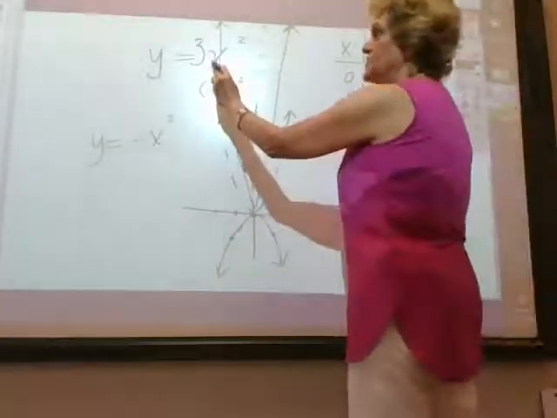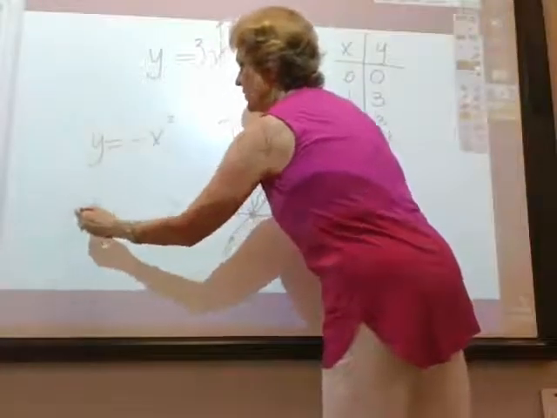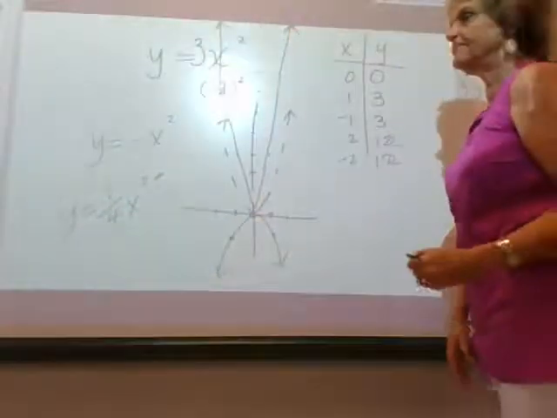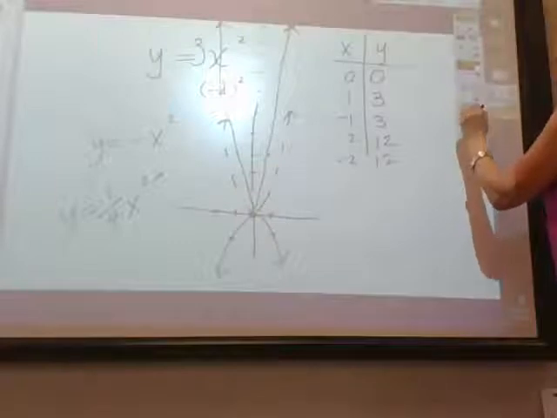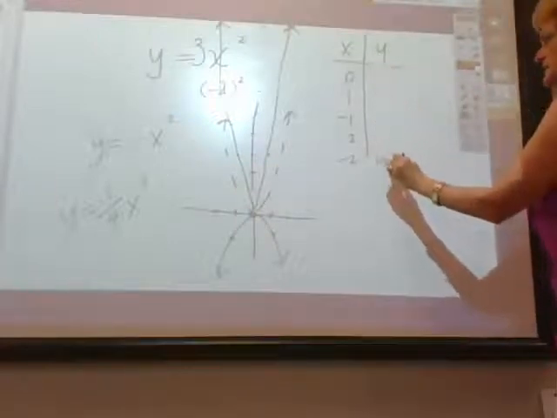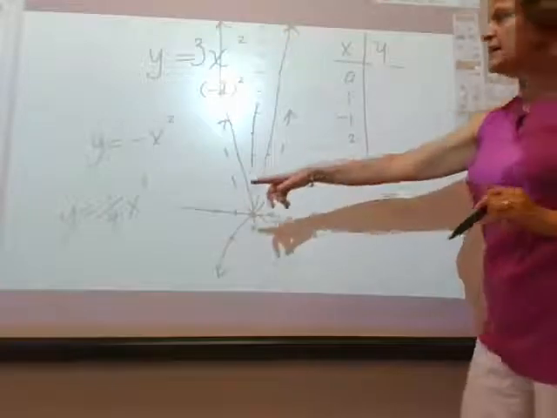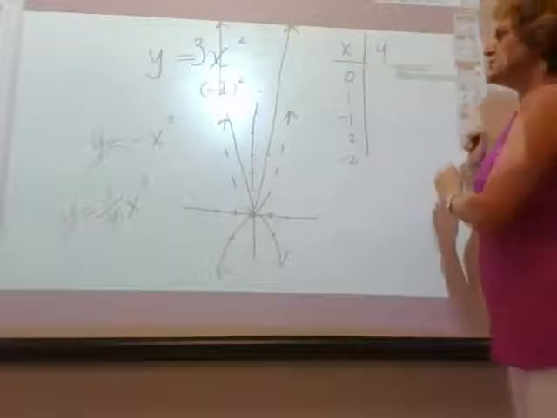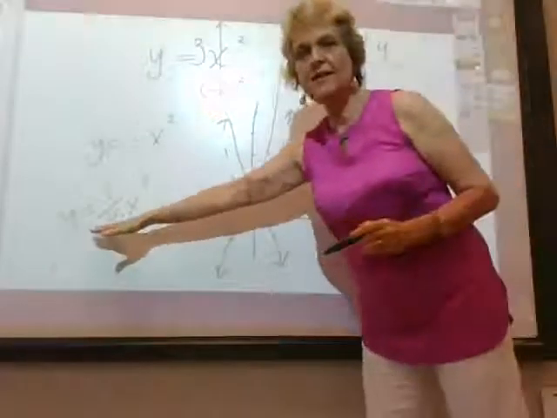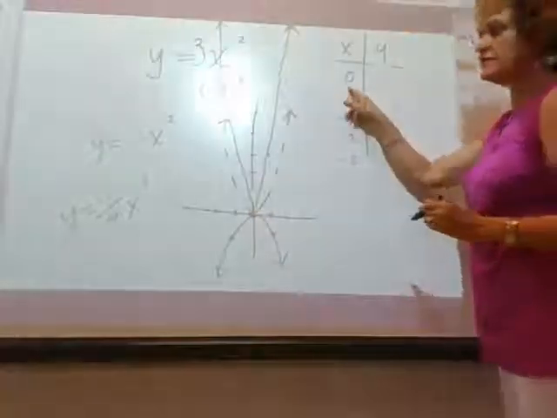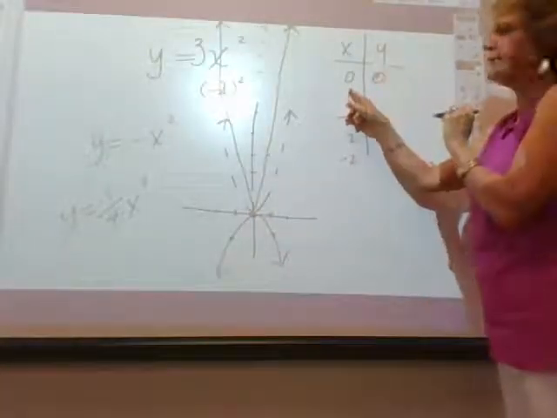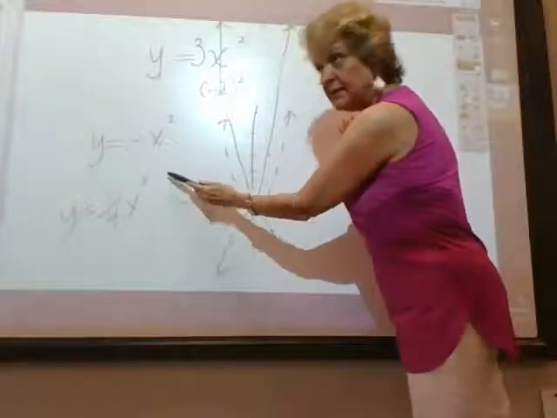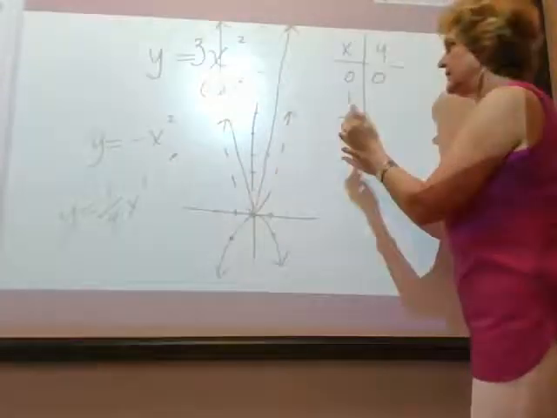And if I change this and did y equals maybe 1/4 x squared, let's see what that's going to look like. Let's erase this and plug in. I'm going to have to change colors again. I sure hope you guys can see these colors. So let's plug in to y equals 1/4 x squared. Plug in 0. Well, 0 times 0 is 0. If I plug in 1, 1 squared is 1 times 1/4, so it's going to be 1/4.